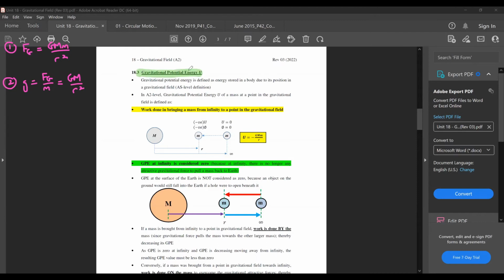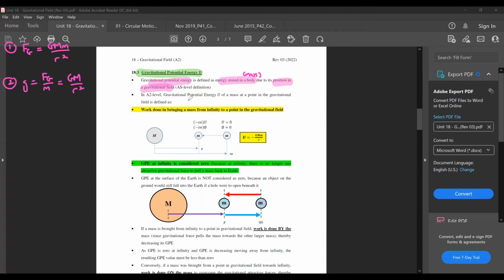In this chapter, normally it is given the symbol U, okay? Now, in AS, we normally define gravitational potential energy as the energy stored in a body due to its position inside a gravitational field, or rather, the energy stored inside a mass due to its position inside a gravitational field.